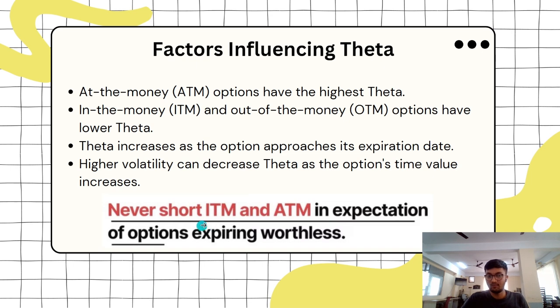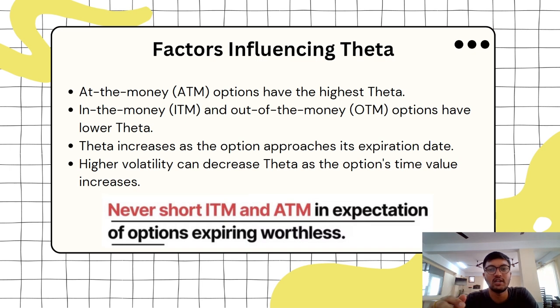Even though at the money has the highest theta, you can't actually short these at the money contracts just hoping that you'll eat all the premiums, because if the move goes in the opposite direction and you're doing option selling, you are going to lose a lot of margin, because the premiums will be going in the totally opposite direction. So there's a rule: never short ITM and ATM contracts.